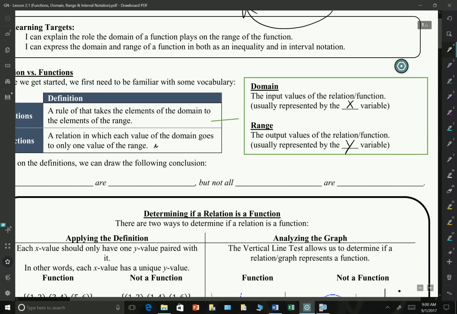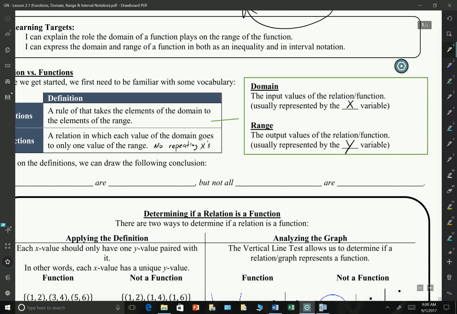There are, what we say, no repeating x's. Because if I repeat an x, if I say 2 relates to 4, and I say 2 relates to 7, that means I have two different y's with the same x.